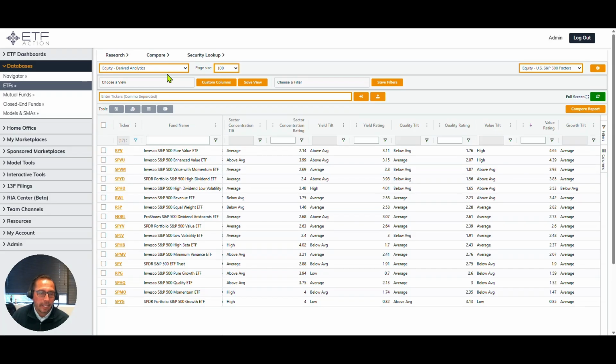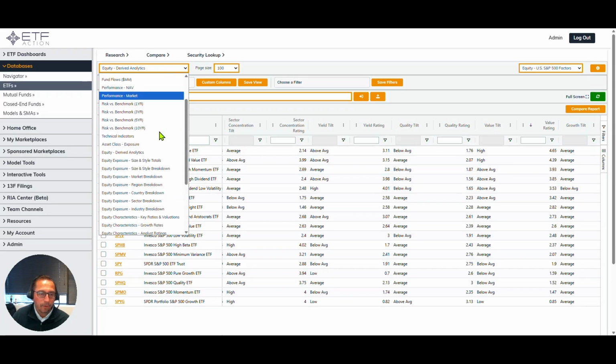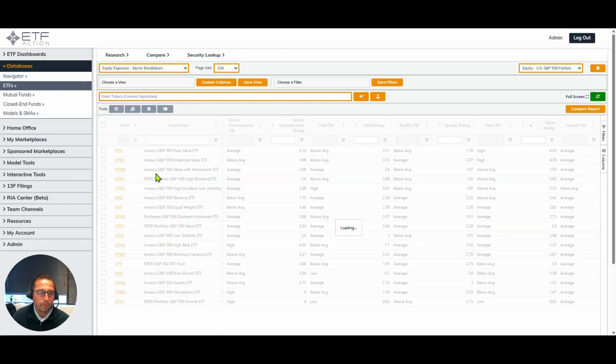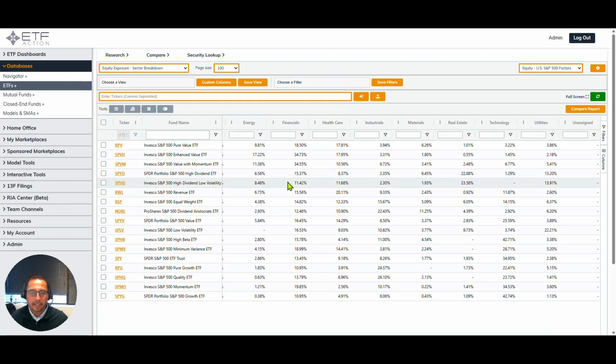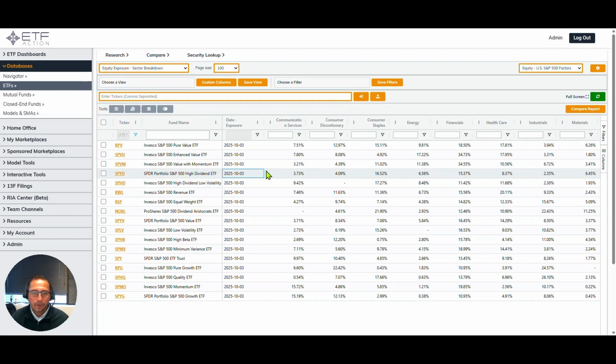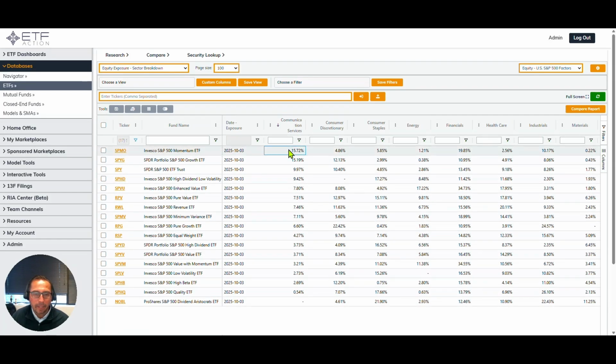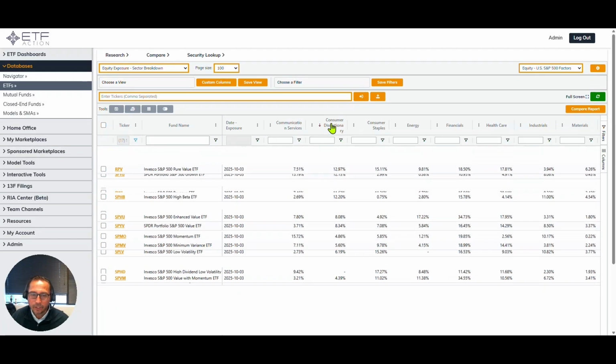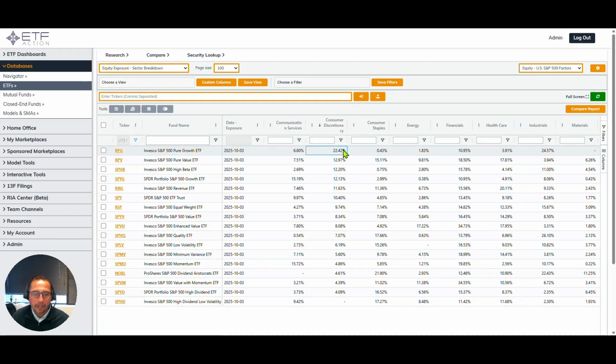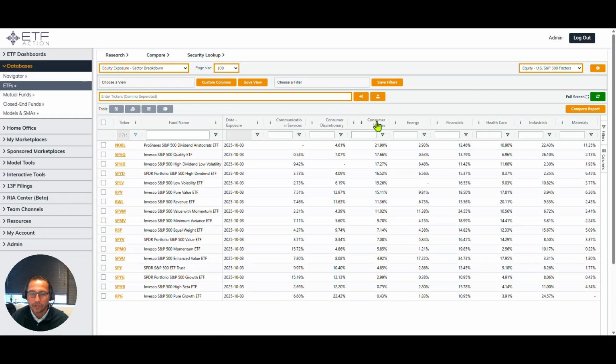Next thing, let's take a look within the portfolio through sector breakdowns using our GICS licenses and see where different sectors sit. If I look at comm services, momentum's got a lot of comm services, growth has a lot of comm services. Discretionary, a lot of growth and value, pure growth and pure value, but the biggest there, that 22%, by far the largest allocation.